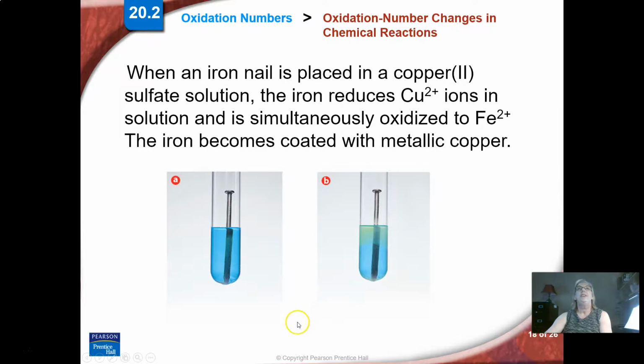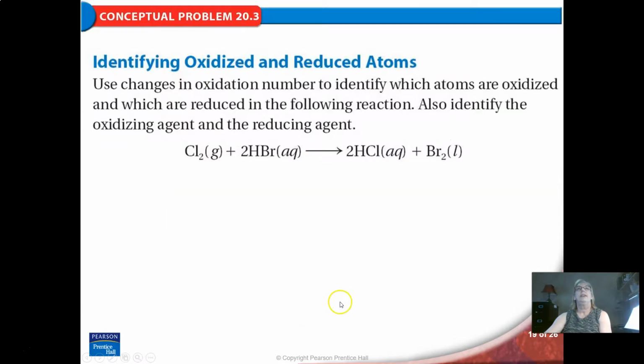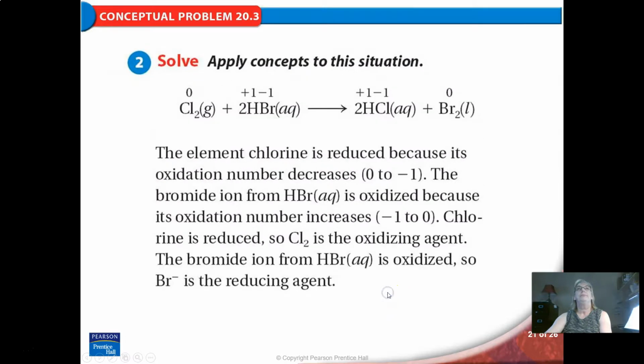And here's showing how you could get another redox reaction going on. So here's a problem. Let's see if we can figure out who's oxidizing and who's reducing. Remember, anybody by himself is going to be 0. And then we have to look at the periodic table.